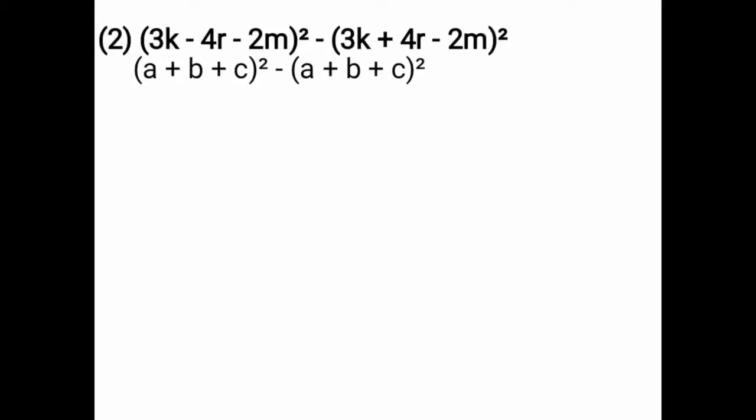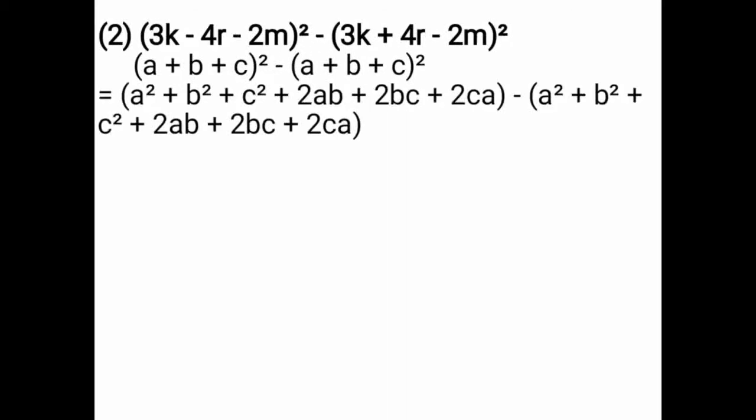If minus sign is there in between the formulas of (a + b + c) whole square two times in two brackets, you have to put minus sign only. That is equal to a² + b² + c² + 2ab + 2bc + 2ca minus (a² + b² + c² + 2ab + 2bc + 2ca).